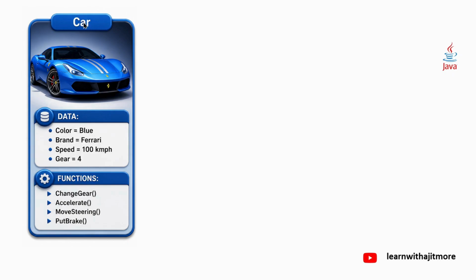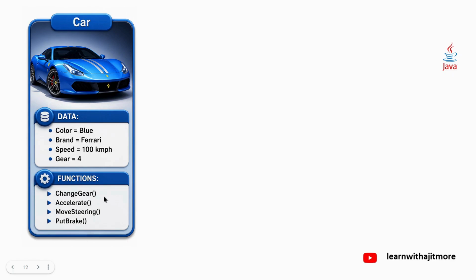So can I take one example of a car? That car will have its own data like color, brand, speed, gear. Now don't say it is having only four gears. Currently it is in fourth gear. Currently it is at 100 speed. Getting? Some data can be static, like constant data, and some can be changing data.